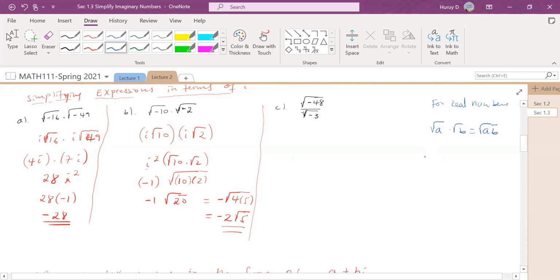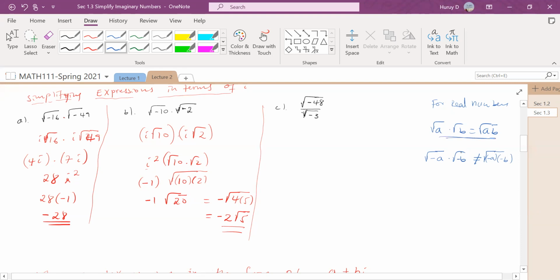But for imaginary numbers, square root of negative a times square root of negative b, these are imaginary numbers, may not be square root of (negative a)(negative b). Okay, so do not combine them, do not put them under one radical. Do not use this property for this.